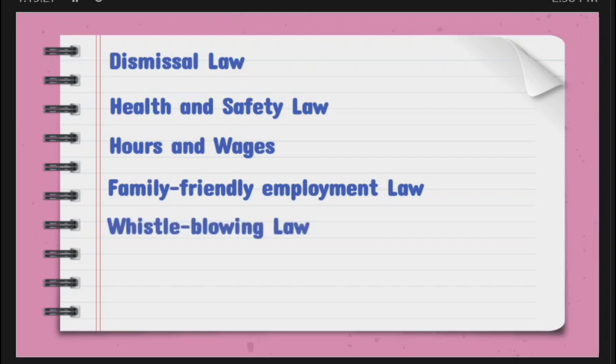And then the whistleblowing law. Employees who make a protected disclosure are shielded from unfair treatment or discrimination by the Public Interest Disclosure Act of 1998. The instances covered include criminal offenses, danger to health and safety, non-compliance with a legal obligation, a miscarriage of justice, and environmental damage.